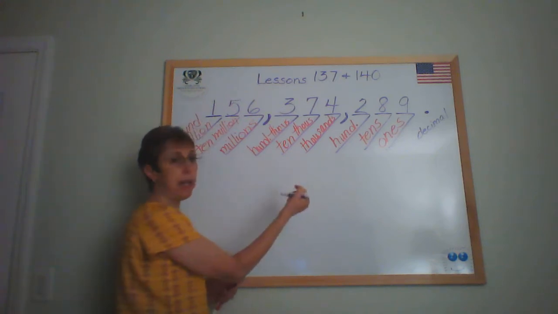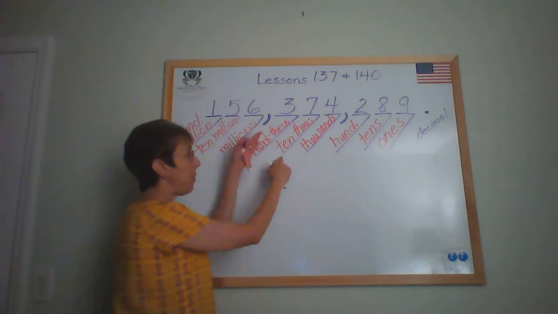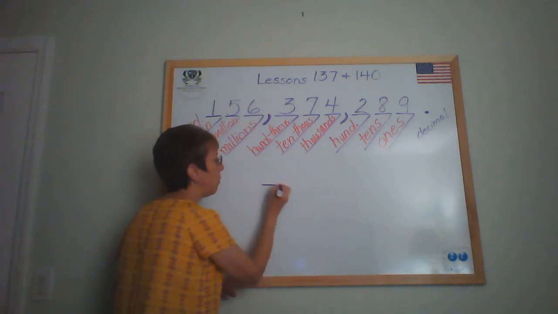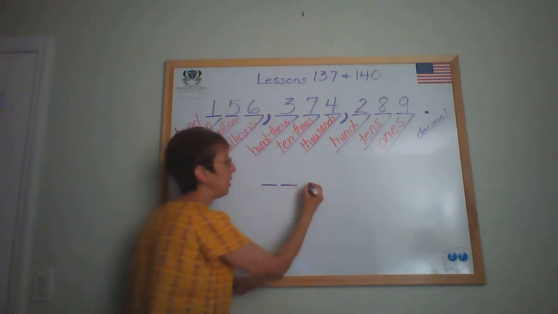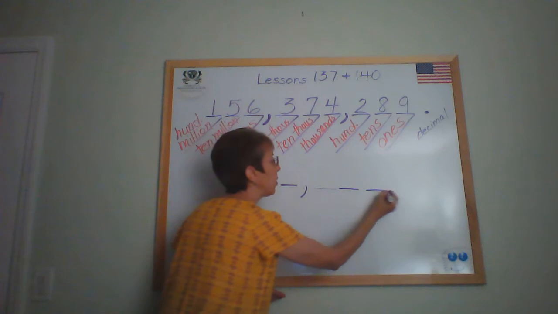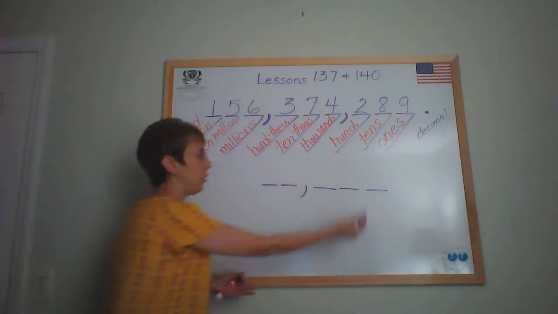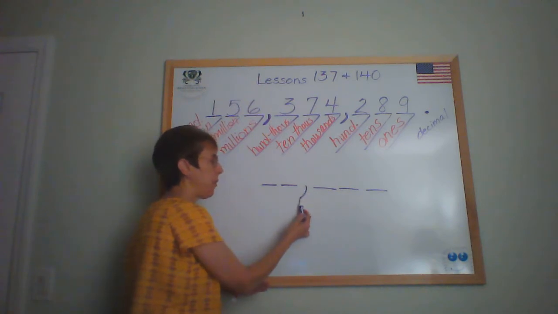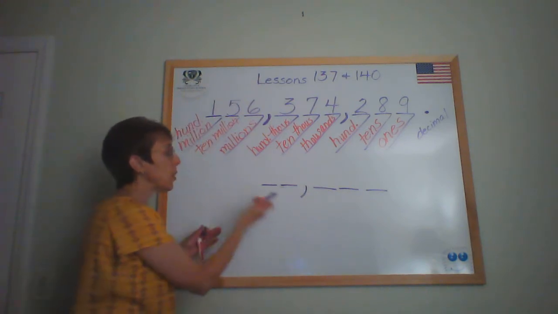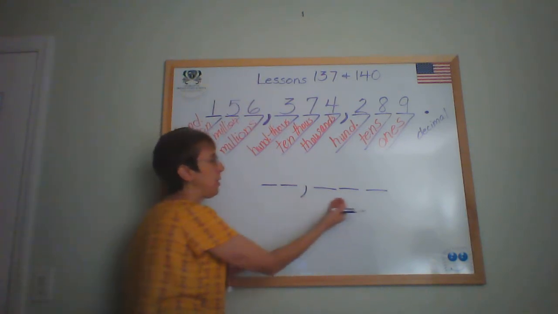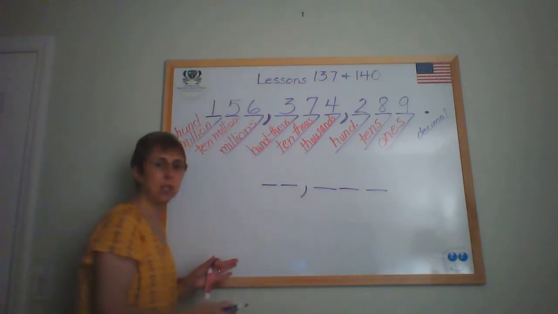if you were writing a number that was in the 10,000s place, you would have two places to the left of the comma, and of course always three places to the right of the comma. It's always ones, tens, hundreds, then the thousands. So you need to make sure that all 5 digits are filled in.